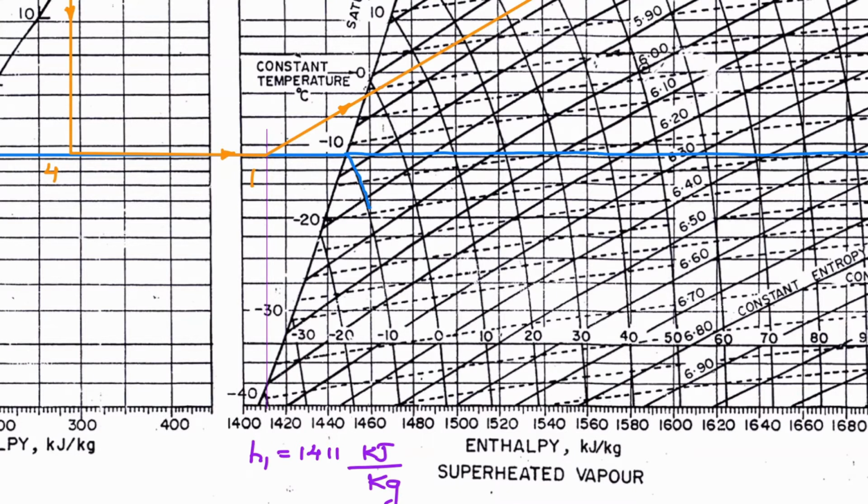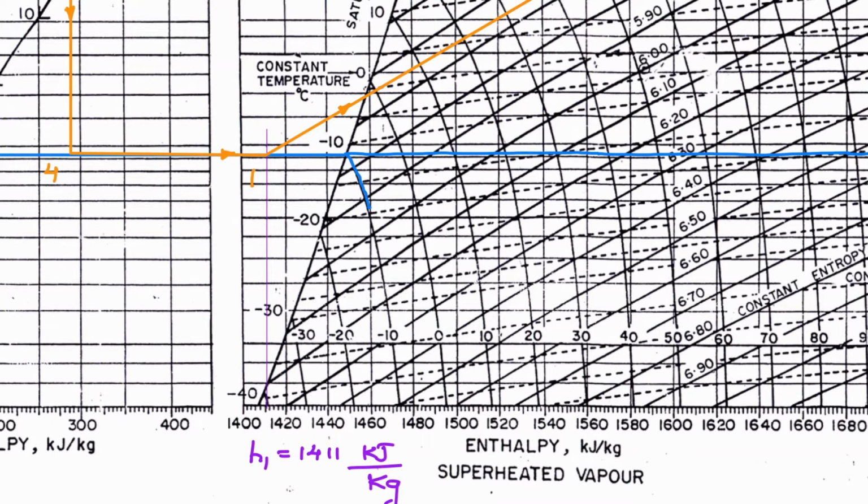In that case we can mark, but here we cannot mark the point, because you can see, suppose this is 300, 400 and this will be 350. So this will be 450, and after 450 there is a jump in between, and then directly 1400 is there. So if the point is in between, we don't know the actual location of that point. But fortunately in this case the H1 value is 1411 kilojoule per kg.